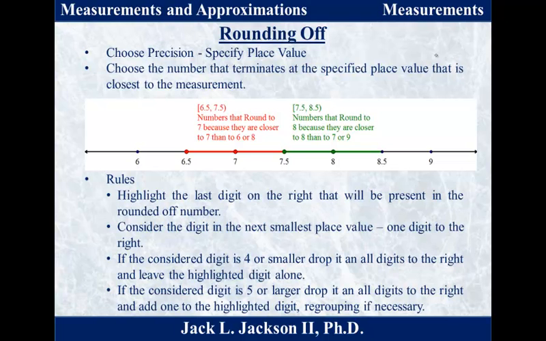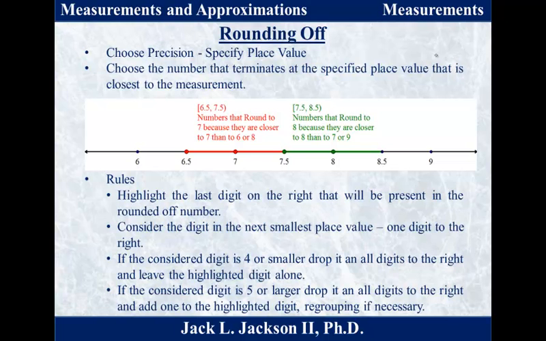If it's 6.5, we're going to round up. Because what if you have a number that's 6.50002? Well, that's actually closer to 7 than it is to 6 because it's on the right side of 6.5. So that should round up. So 6.5 anything should round up to 7, whereas 6.4 anything should round down to 6.